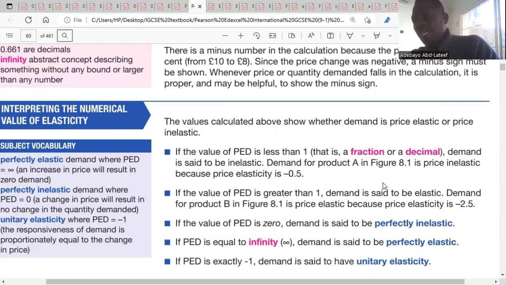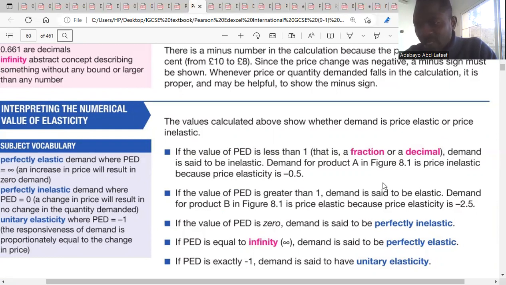If the price elasticity of demand is 0, that means the demand for such product is perfectly inelastic. There's no change in the quantity demanded of the product as a result of a change in price. Then if it is to infinity, like large numbers, the demand is perfectly elastic.